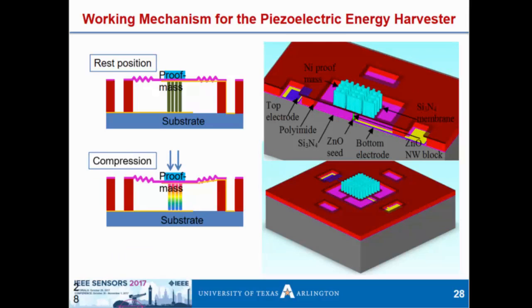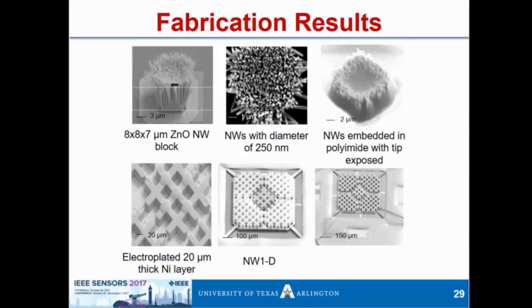And so here is our general structure. We have our nickel proof mass, and we made it in like a waffle to decrease the stress. And under this, right here, is the zinc oxide nanorods vertically aligned. And we have access electrically to the bottom electrode and the top electrode, which is the proof mass, through the substrate and the superstrate.